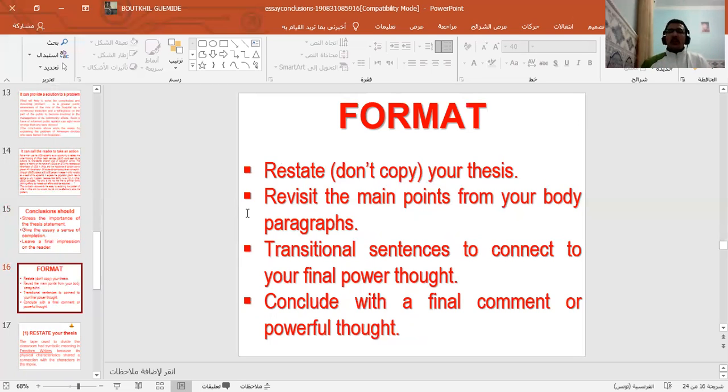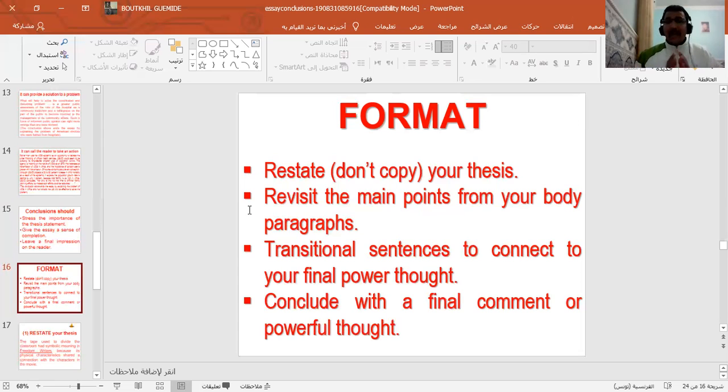Then the second section is where you should summarize the main points discussed in your body paragraphs. Then the third section, transitional sentences to connect to your final powerful thoughts.